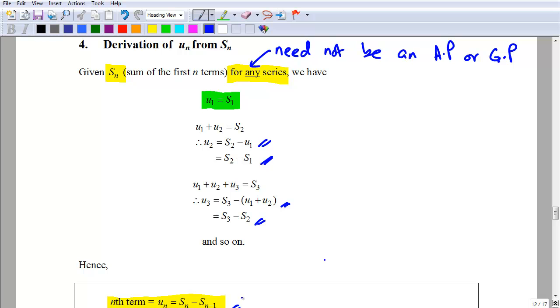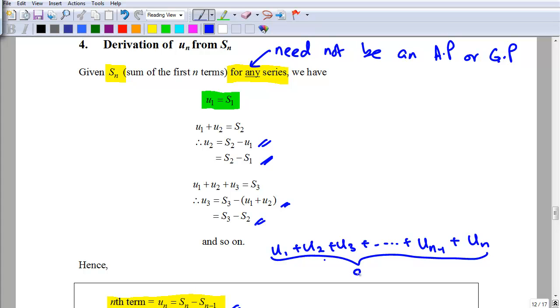Another way to understand or remember this relationship well is through the following diagram as I'm illustrating. If we have U1, U2, U3, all the way to the n minus 1 term, and we add the nth term here, when I add everything together, we call it Sn.